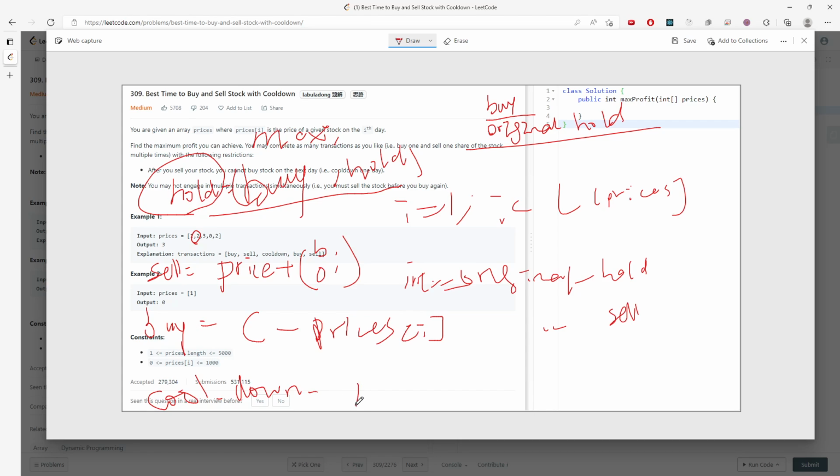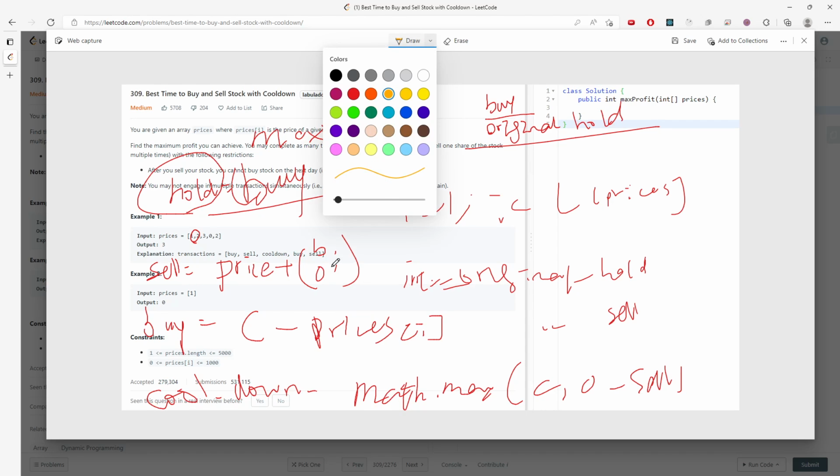So it's the max of cooldown and original sell. You want to find out which one is the current maximum profit so far, and later on you will determine which one is your maximum profit.